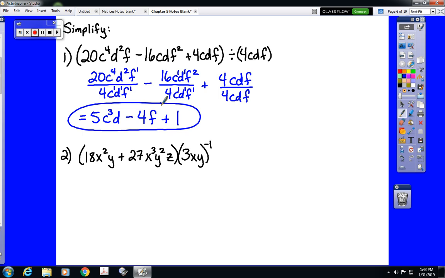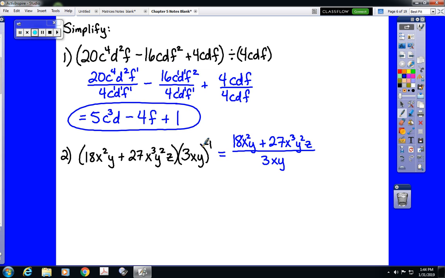Number 2, this notation always confuses kids, and I'm not really sure why. When we have a negative exponent, that means that that whole term that's being raised to the negative exponent is going to move to the bottom of the fraction. In other words, this could be written as 18x squared y plus 27x cubed y squared z over 3xy.